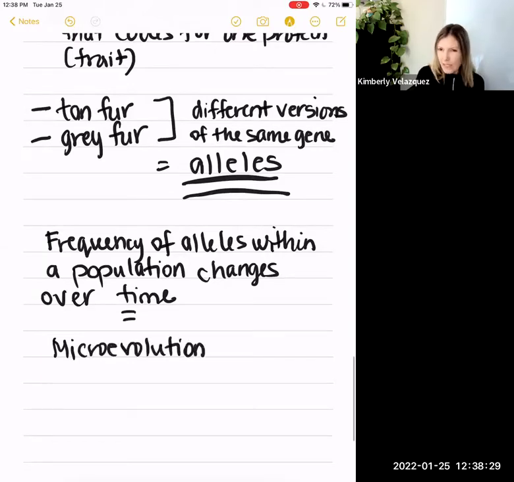And there are several mechanisms by which microevolution occurs, only one of which is natural selection.